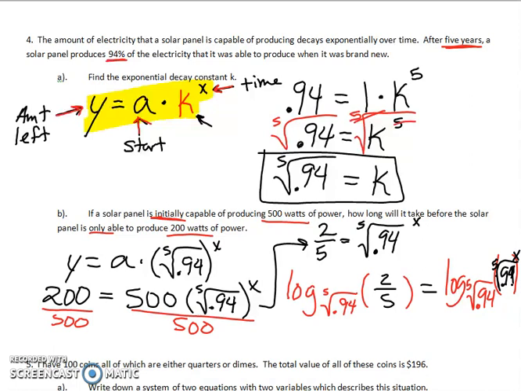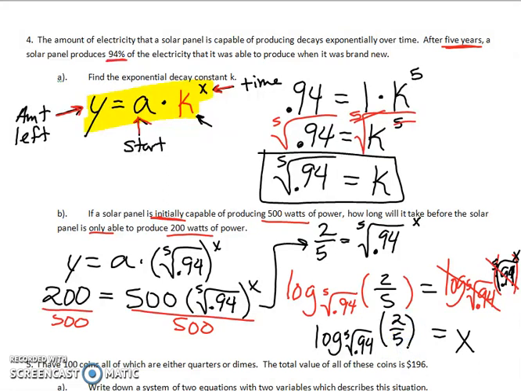Okay? So what ends up happening here, I know that's hard to read, is this log cancels this base here. So I'm left with x equals log, and then our crazy base that we came up with here, of 2/5 equals x.